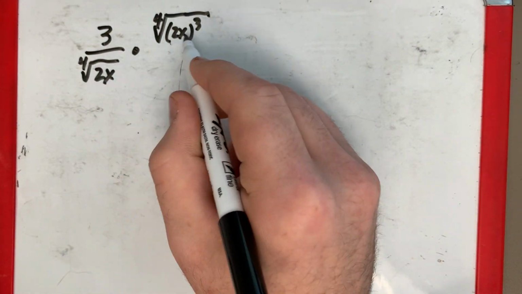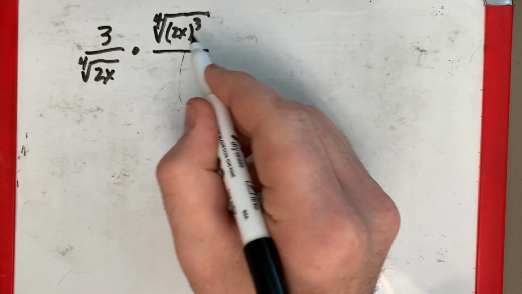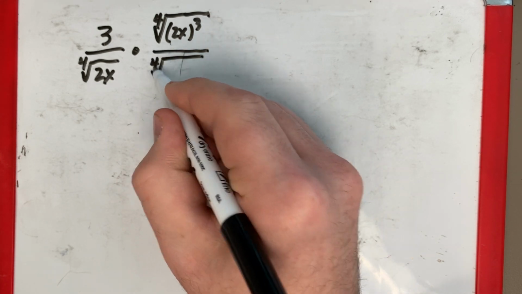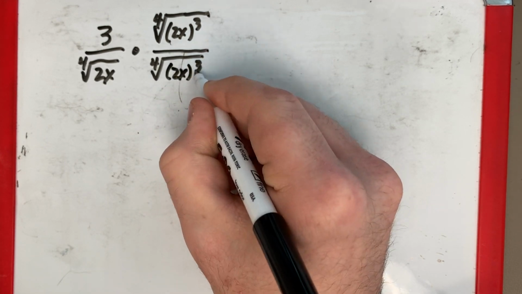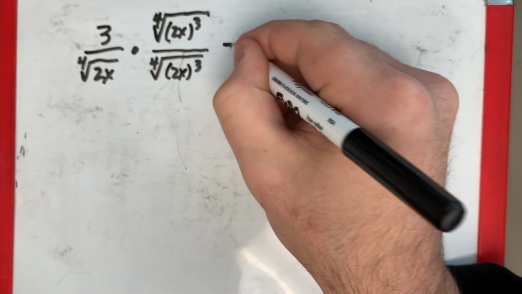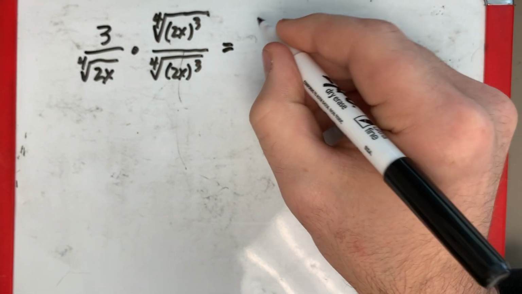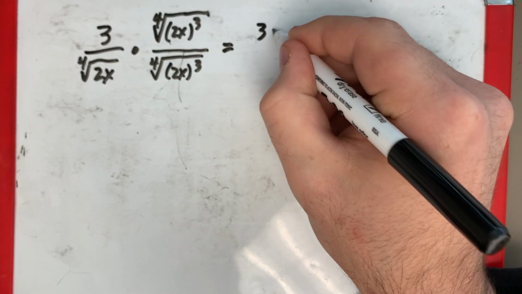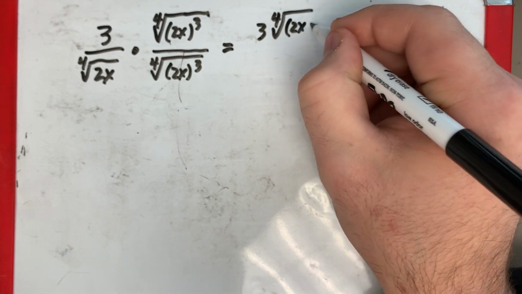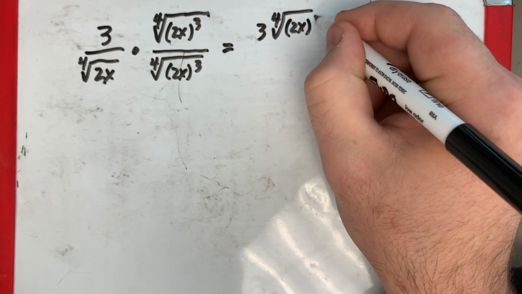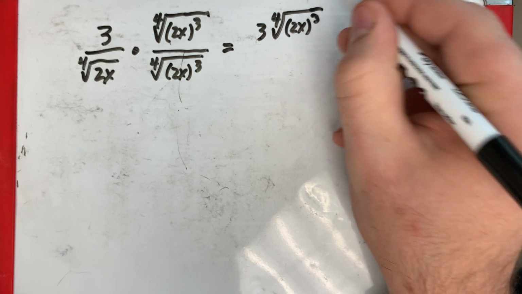We want everything in here to be big enough so that when I multiply these guys in the denominator, I can cancel off the 4th root. So I have 2x cubed here as well. So what does this buy me? Multiplying straight across the top as you normally would with fraction multiplication, we have 4th root of 3 times 4th root of 2x quantity cubed.